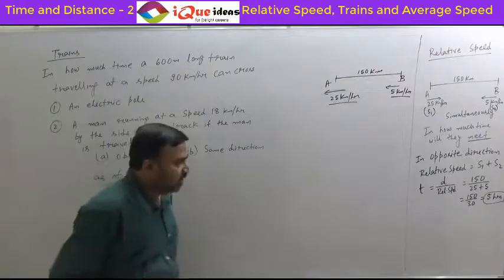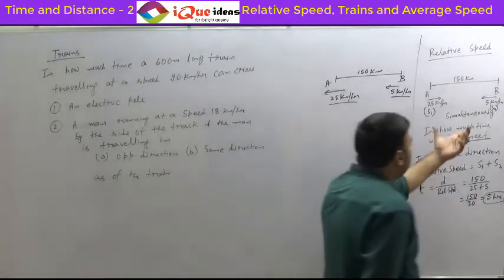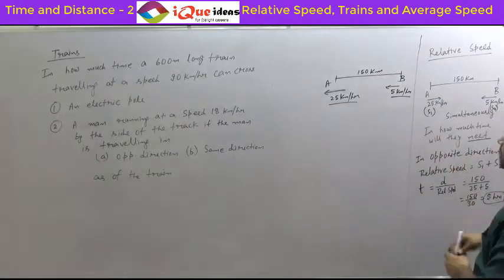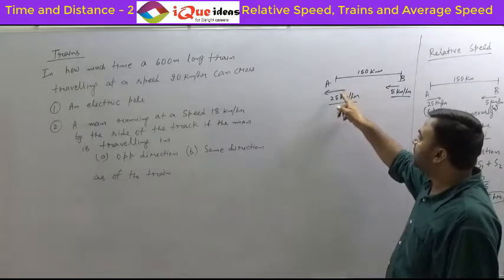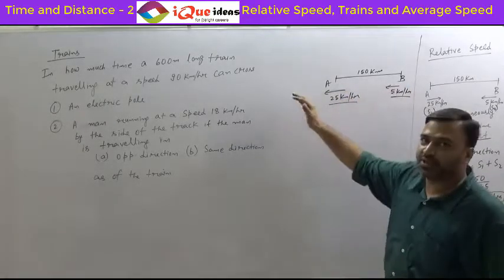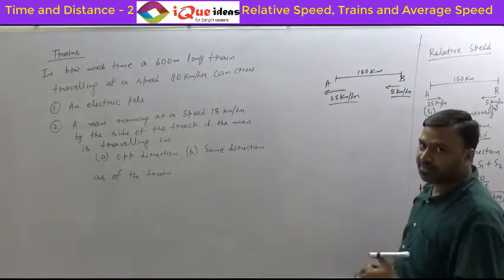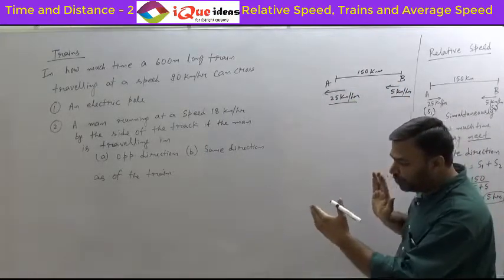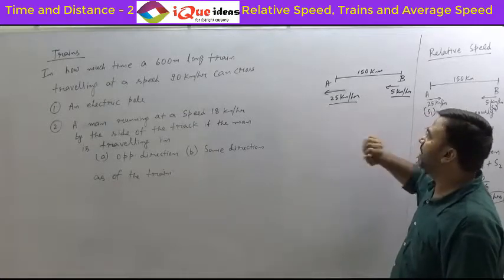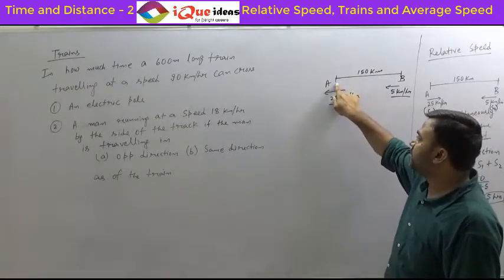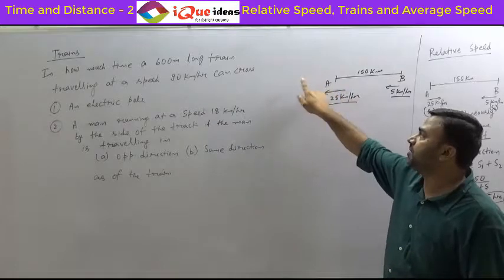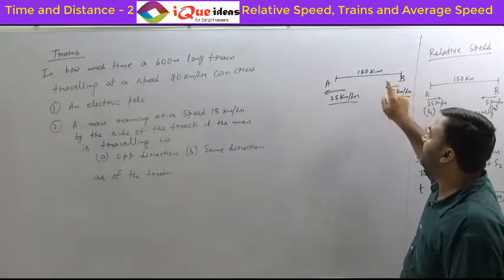That is wrong, because as we talked about, it is the effective effort that matters. Here, this person is faster and is going away, so his effort does not contribute to the agenda of meeting. Remember, to meet, their distance should be reduced. What will happen after 1 hour? This person would have travelled a distance of 25, whereas this person would have travelled only 5.